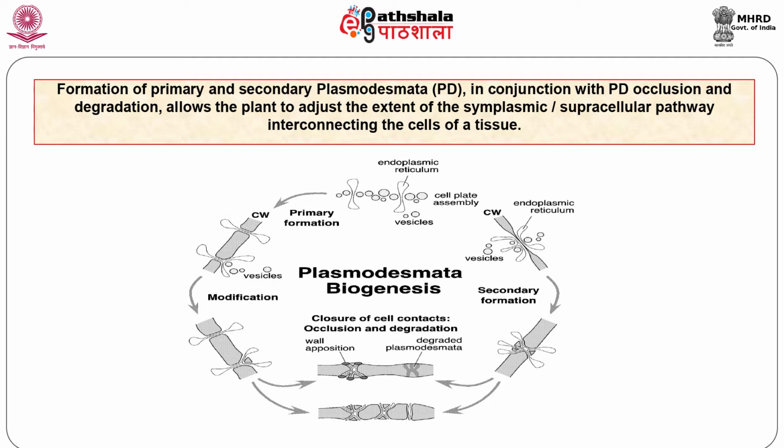Formation of primary and secondary plasmodesmata in conjunction with plasmodesmatal occlusion and degradation allows the plant to adjust the extent of the symplasmic or supracellular pathway interconnecting the cells of a tissue. The insertion of a second desmotubule into an elongated plasmodesmatal pore can create two desmotubules within a shared pore orifice.